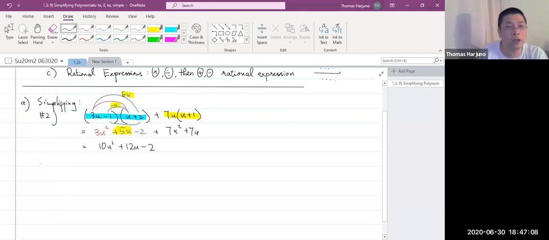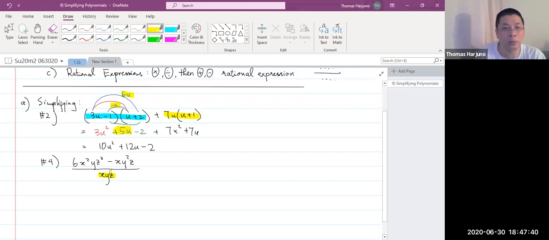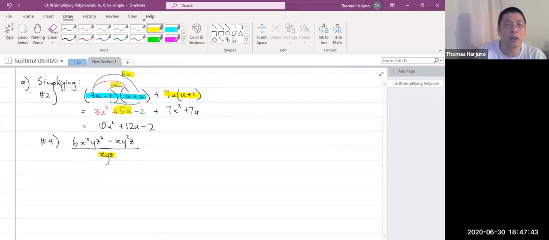Now, what happens if we have that simple division? Basically, if we divide by only one term, number 4, (6x squared yz cubed minus xy squared z) all over xyz. If we divide only by one term, then the first step we will do is to split them.